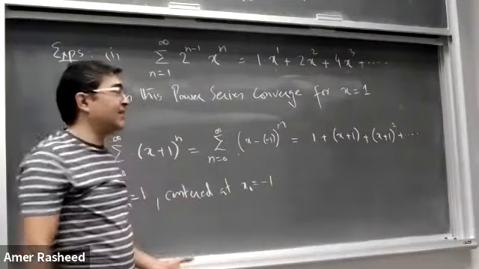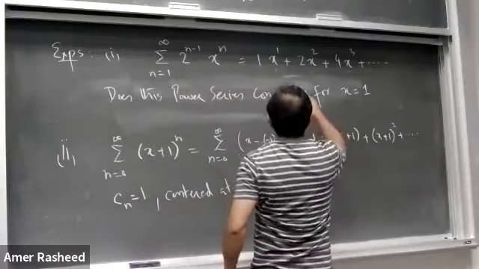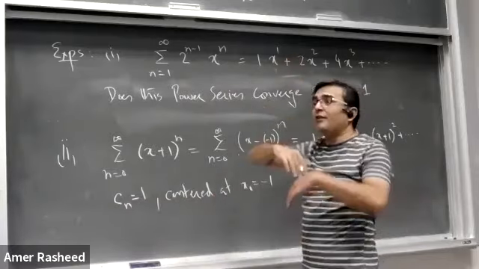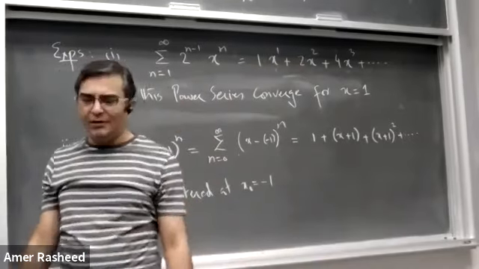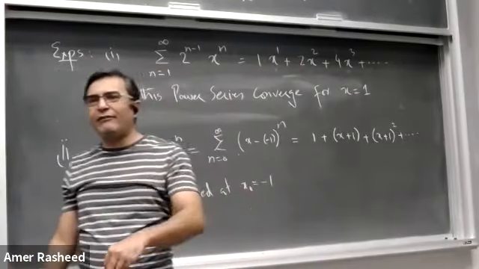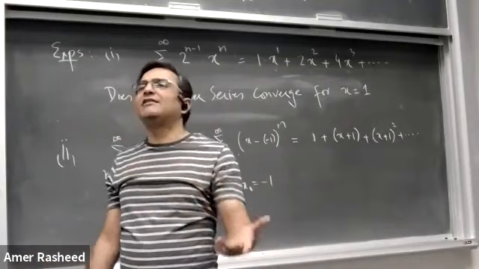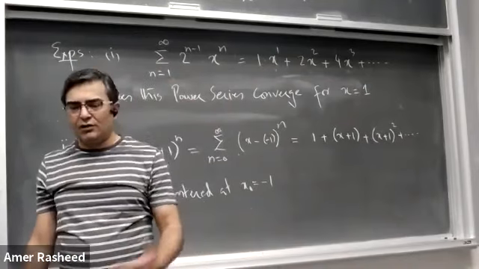We cannot discuss its convergence for a general value of x. We cannot take x as a general variable. So we have to put some specific value of x, then we can discuss its convergence or divergence.